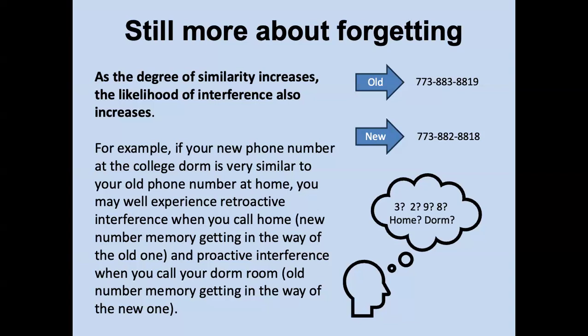The old information will interfere with the new information. The new information will interfere with the old information when you're trying to call one or the other. So it'll interfere both proactively and retroactively. It's a mess.